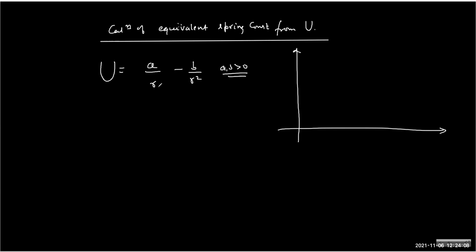So A by R, which is 1 by R. 1 by R means the graph is something like this. Let's call it 1 by R. And 1 by R square will decay even faster.